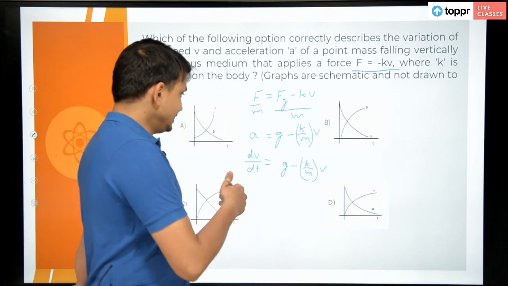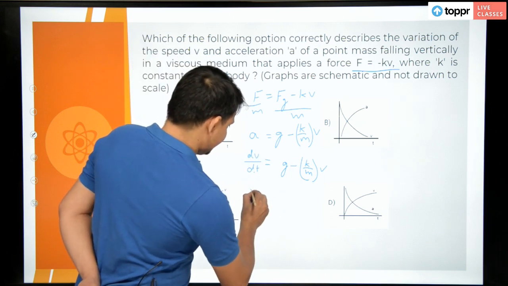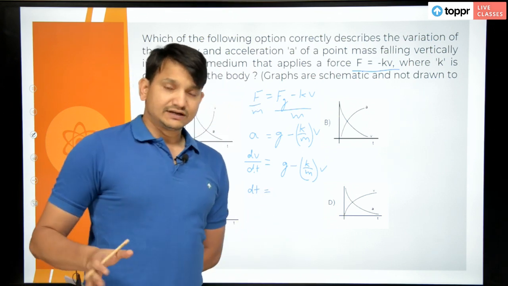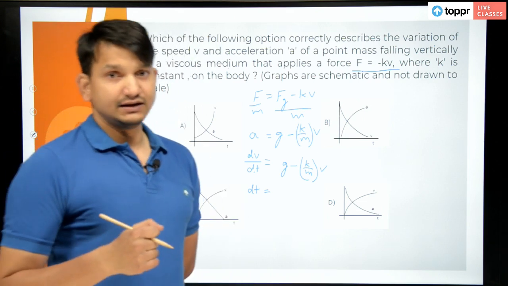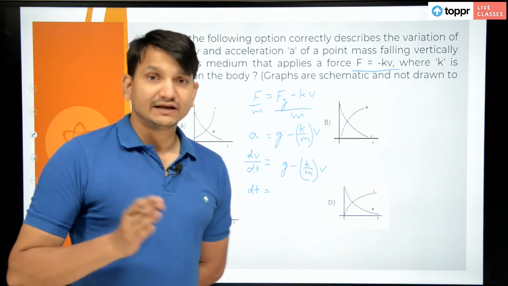If we write it in a different way, we would be getting dt equals to, that is what we need to find, the time taken, or say the relation between time and velocity.